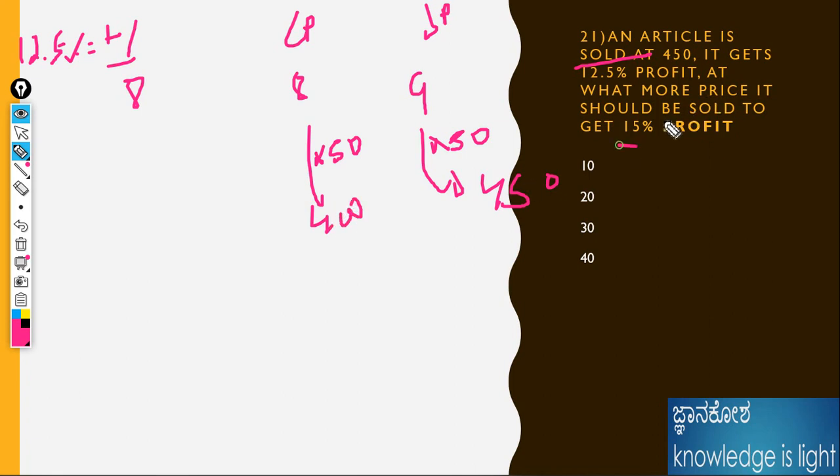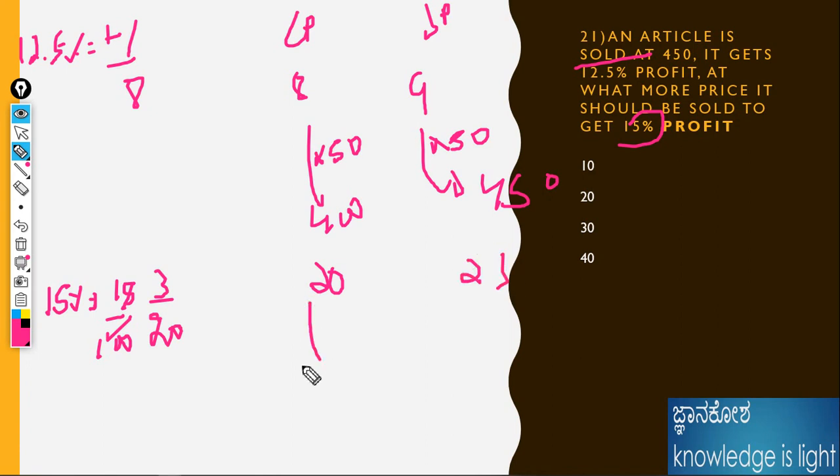What about the 15%? 15 by 100, that means 3 by 20. For 400, 3 by 20 of it gives 60, so the answer should be 460.